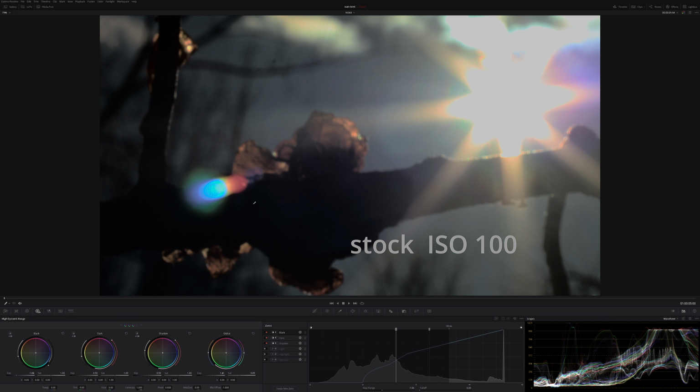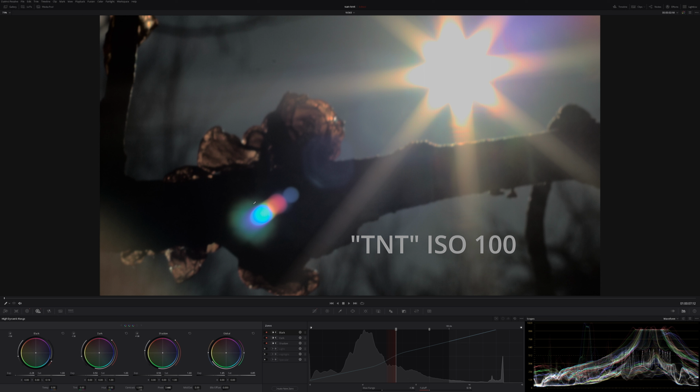Because it's just shocking to me to see the difference in those horrible dots in the lens flare that simply disappear when I switch back to what my friend Tim and I call the TNT version, which, in this case, in the frame that I'm showing you right now, which was done at ISO 100, only requires changing one register to do this.